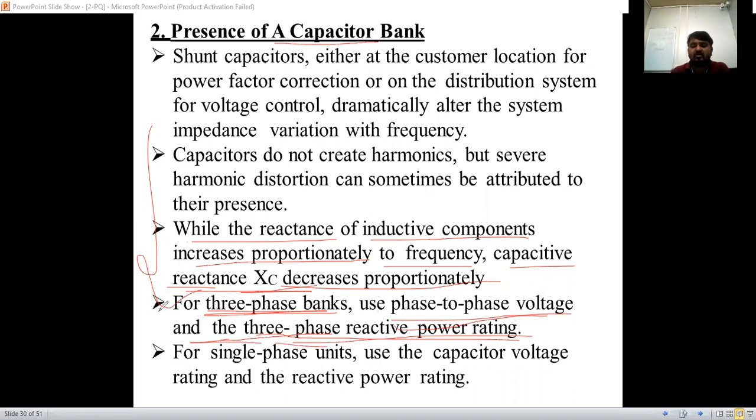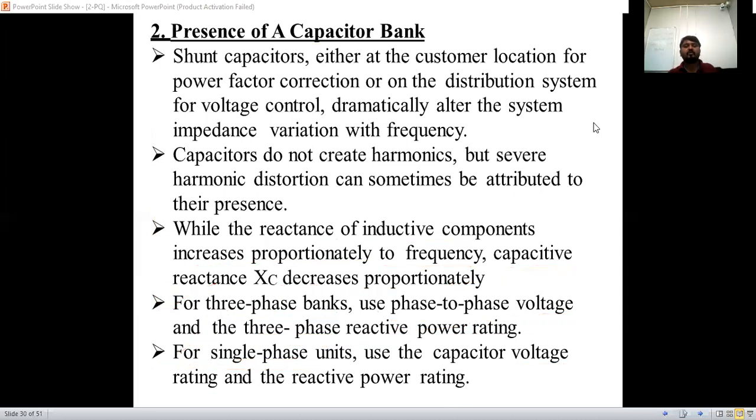For single phase capacitor bank units, we have to use the capacitor voltage rating and the reactive power rating. So this is the second one, the presence of a capacitor bank.